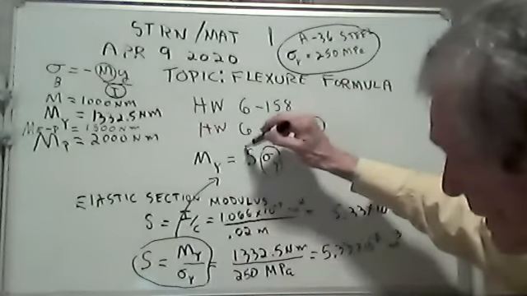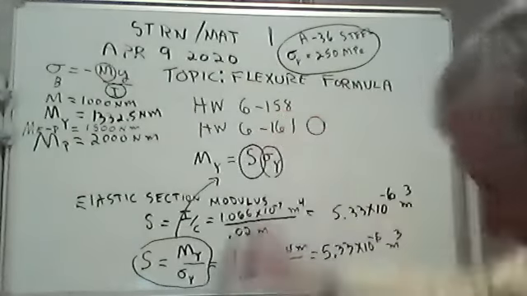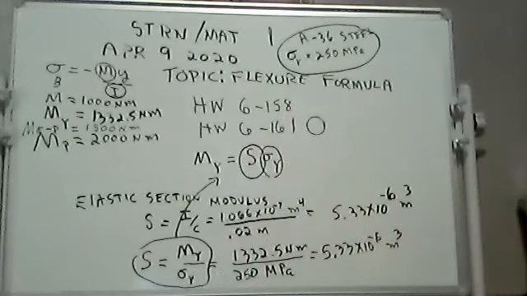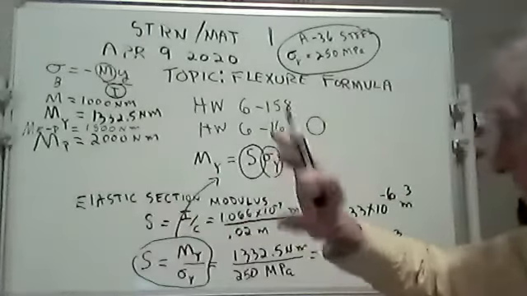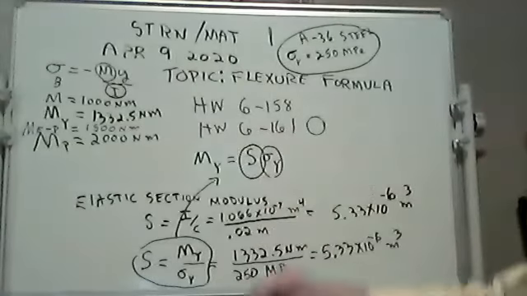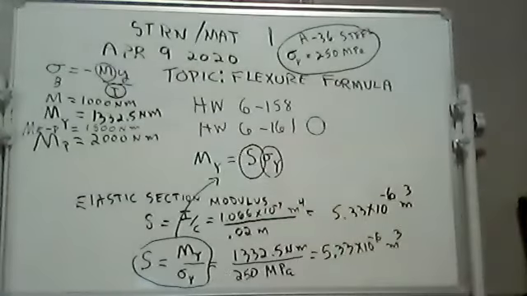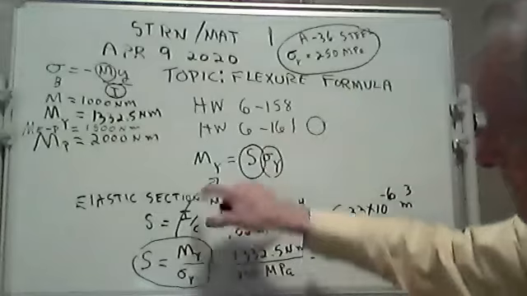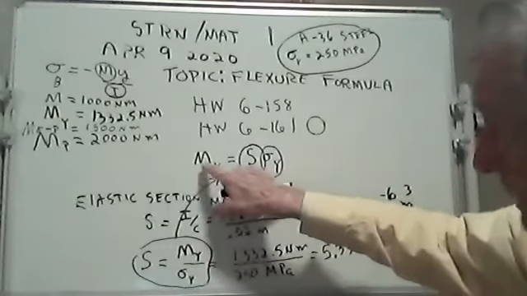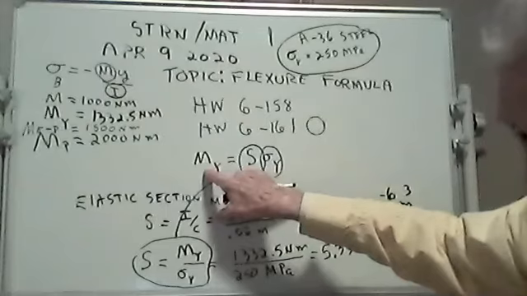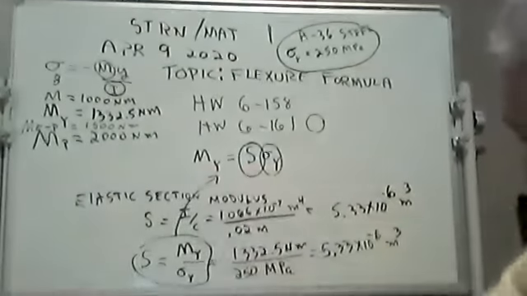And hey, if there's a table of these things, and there is page after page after page of elastic section moduli, you don't have to do any fancy multiplication. All you got to do is just multiply those two and you can get this thing. Remember, this is sort of a warning bending moment.